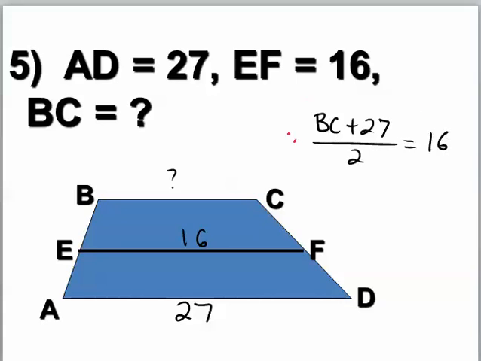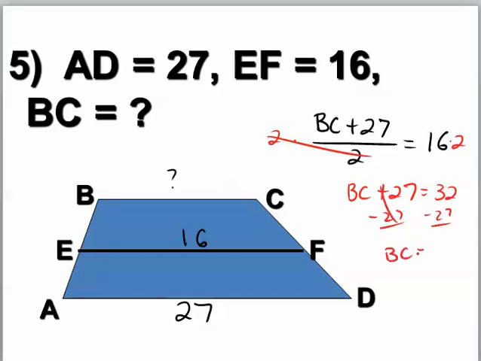To undo the divided by 2, it's kind of like when we did midpoint backwards in the first half of geometry. We multiply both sides by 2, so BC plus 27 equals 32. We subtract 27 from both sides, and the length of BC is 5, because 27 plus 5 is 32, divided by 2 gives us the length of the median, 16.